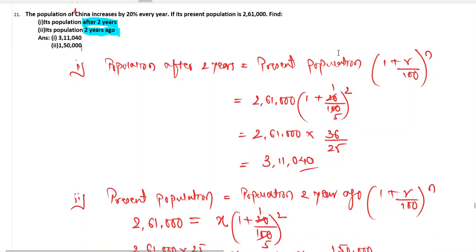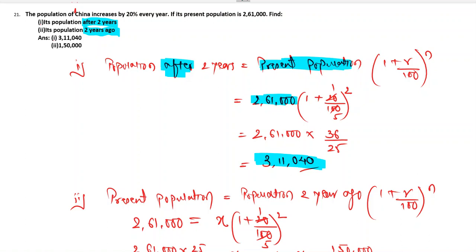So if you want to find the population after 2 years, then you will make the population after 2 years the amount and the present population the principal, and you will solve it. So the present population is 2,61,000, and I put in the values and solved it and I got the population after 2 years as 3,11,000.